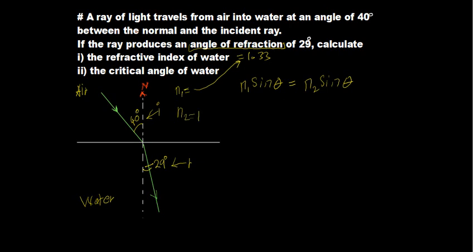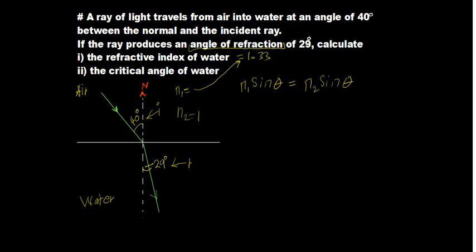We also need to understand that different mediums have different refractive indexes. It can be glass, diamond, or anything else. For glass, it's 1.52. For diamond, it's 2.4, something like that. So they are just different refractive indexes.